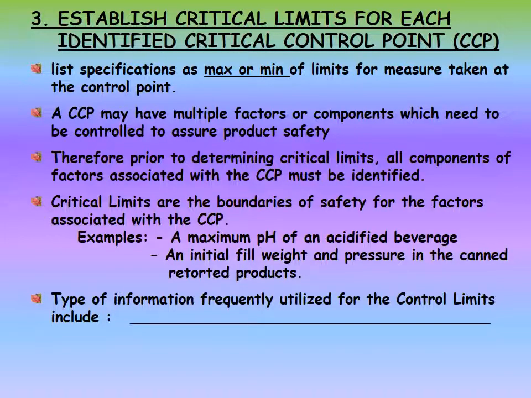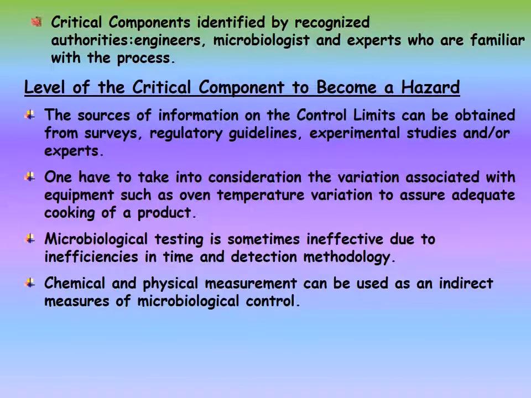Okay, and also we can see other types of information frequently utilized for the control limit, that include time, pH, humidity, preservative, temperature, viscosity, and also salt concentration. So you can see from here the level of the critical component to become a hazard.